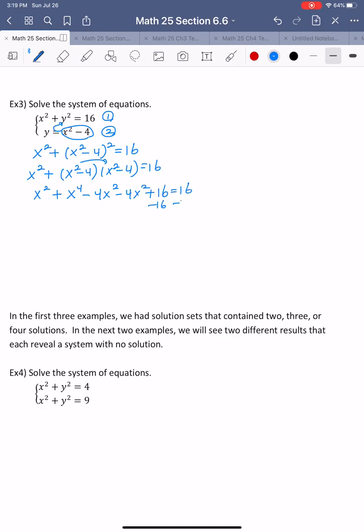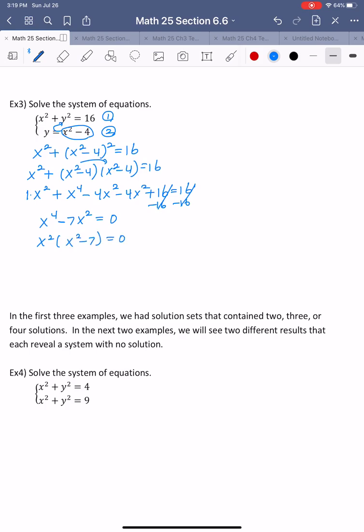If I subtract 16 both sides, I got x to the 4, and then negative 8, negative 1 in here, so negative 7x squared equal to 0. So I can factor out the x squared. I got x squared times x squared minus 7 equal to 0.